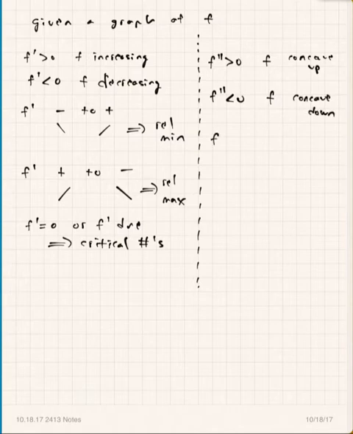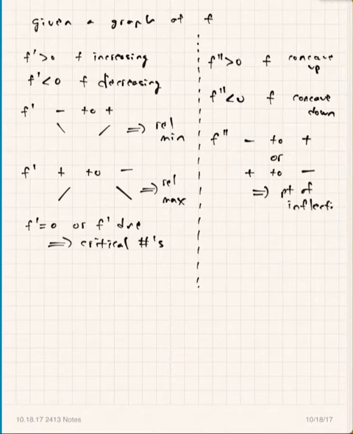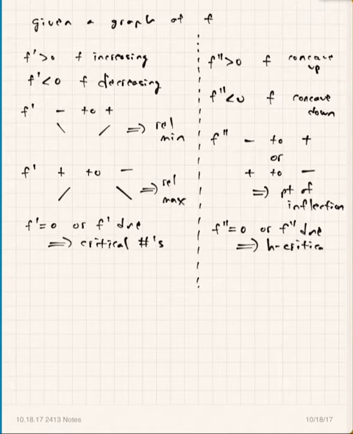And if f double prime goes from negative to positive or from positive to negative, either way, then you get a point of inflection. And the places where the second derivative is 0 or where the second derivative does not exist, we're going to call those hypercritical numbers, even though that's not really standard terminology.